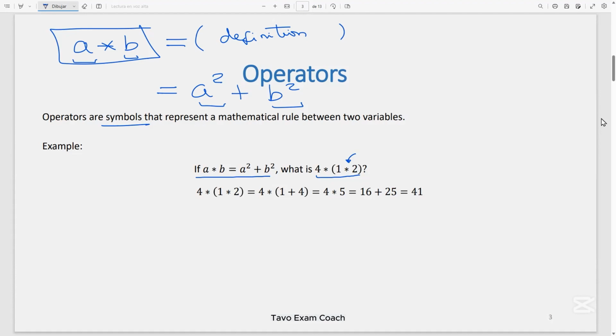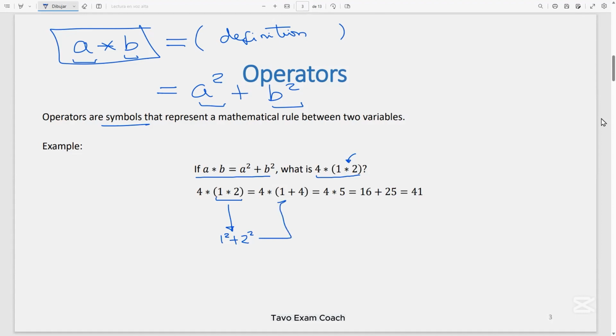That is a typical criterion of the priority of operators and operations within a compound algebraic expression. So we'll do first 1 asterisk 2, the innermost operation. As per the definition, that would mean take the square of the first number, take the square of the second number, then add them together. That would be the output or result of that operation.